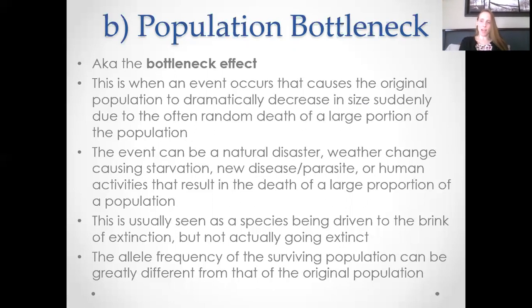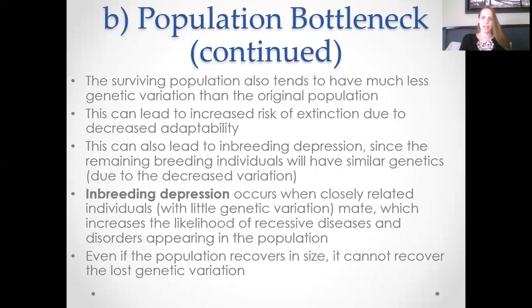And because the surviving population is so much smaller than the original population, there's a good chance that you have lost some of the alleles from the original population, and it's random which of those alleles didn't make it and which of them did, but the alleles have changed and you now have less variation. Obviously, if they have less variation, they do have an increased risk of extinction because they are less adaptable.